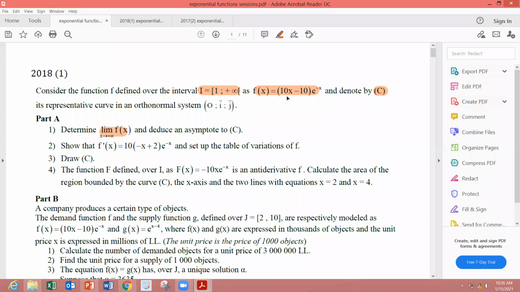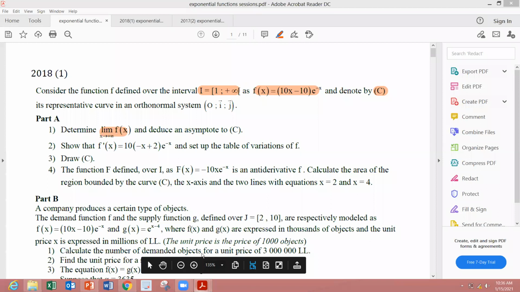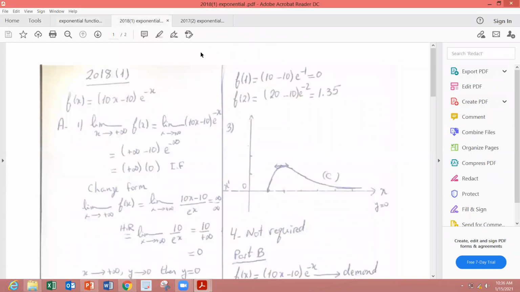What do we get if we replace x by infinity? هذا البراكت شو بيصير أول واحد؟ plus infinity times 0. بيصير عندنا هون indeterminate form. بيصير هيدا infinity minus 10 e to the minus infinity. e to the minus infinity is 0. بيصير plus infinity times 0, indeterminate form. Change the form. How to change the form?